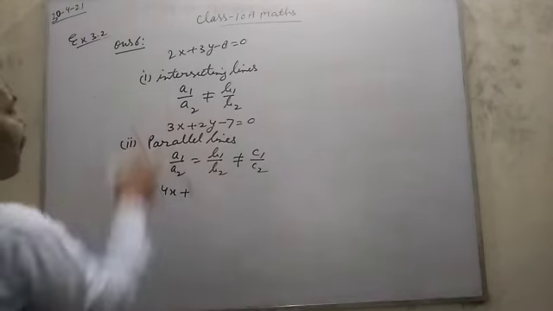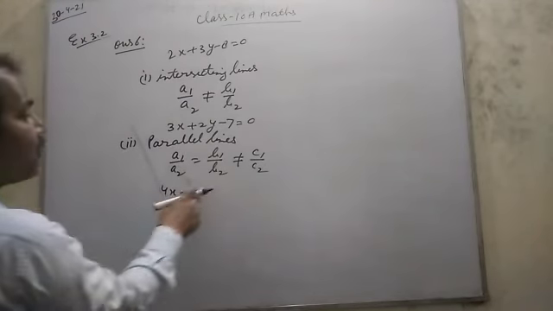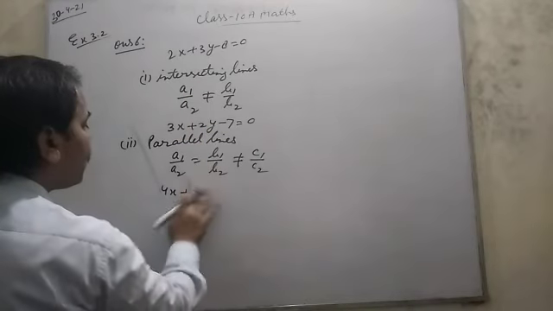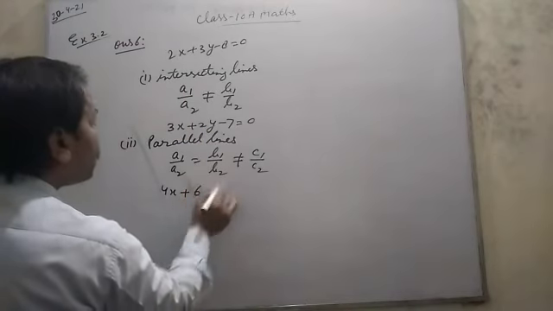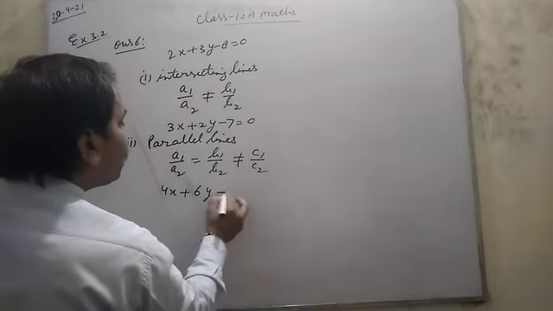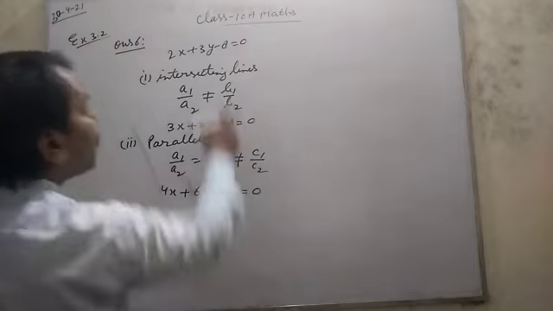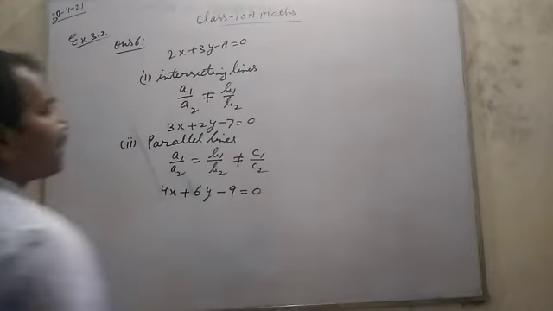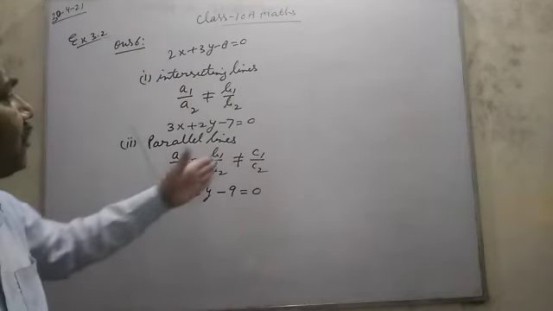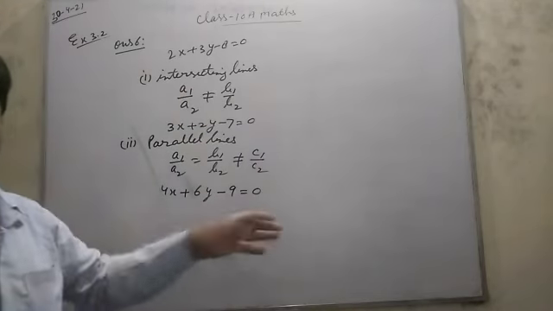So 2 upon 4 is 1 upon 2. B1/B2 should also be 1 upon 2, so 6y: 3 upon 6 is also 1 by 2. But C1/C2 should not be equal: minus 8 upon minus 9 is 8 upon 9. So 1 by 2 is equal to 1 by 2 is not equal to 8 upon 9.